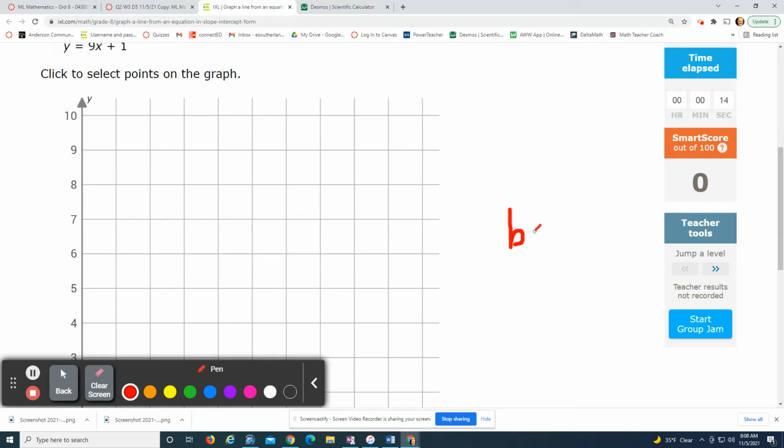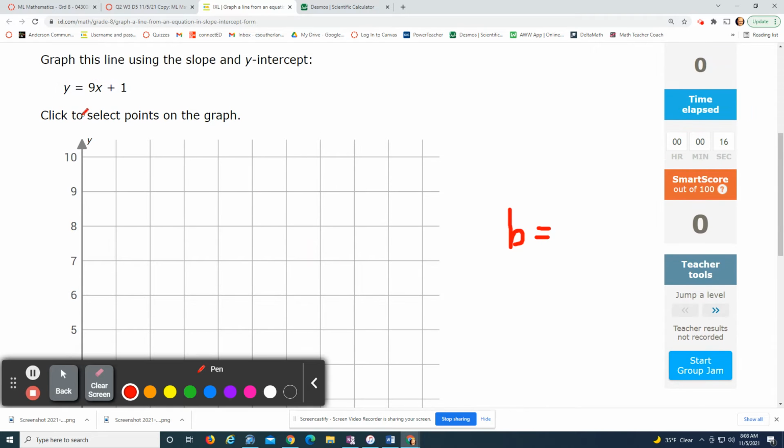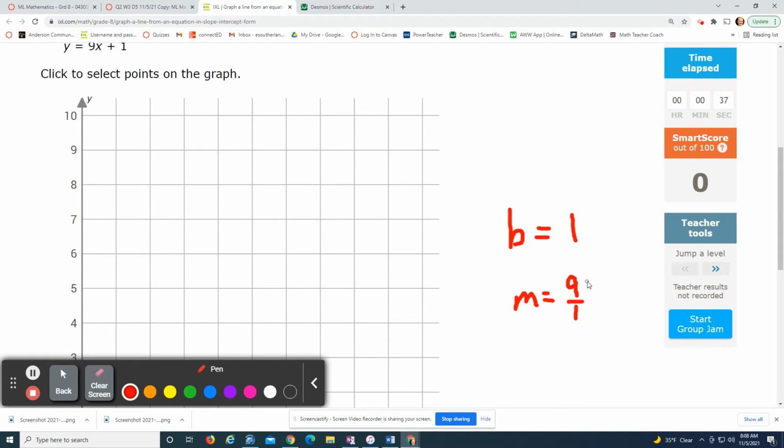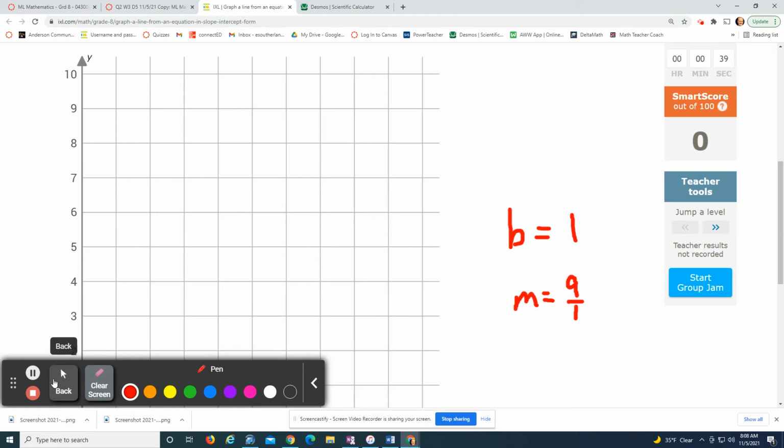B in this problem is what? 9 or 1? It's got to be 1. Which one? It's 1. And the slope is? It's just the 9. Now, when it's a whole number, go ahead and write it over the number 1, because that'll help you when you're doing this. Slope is just directions.